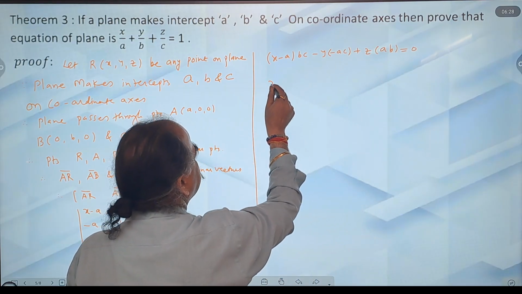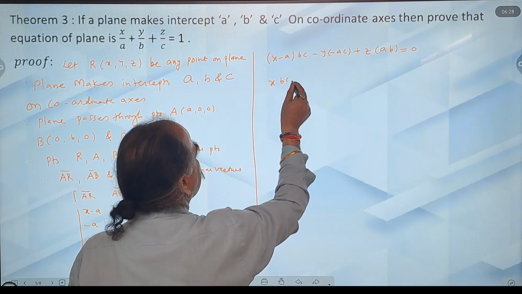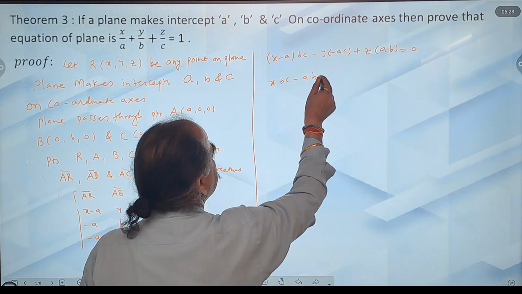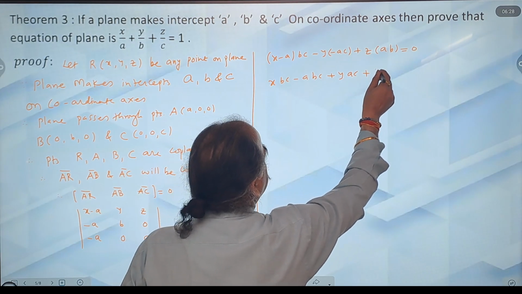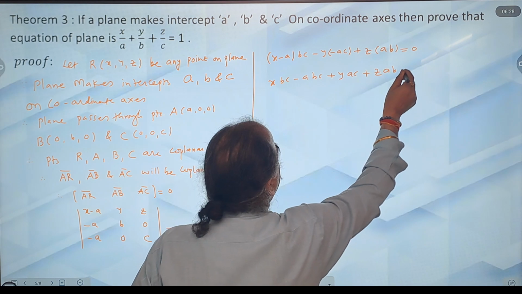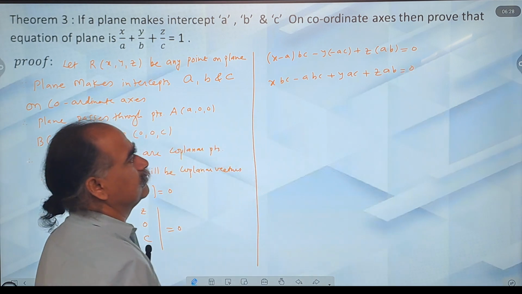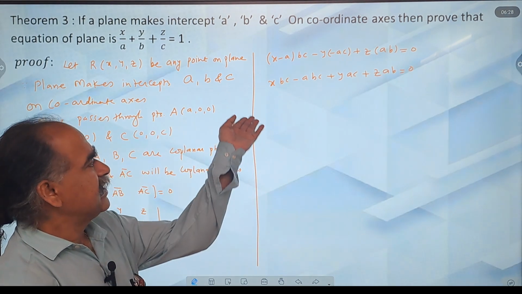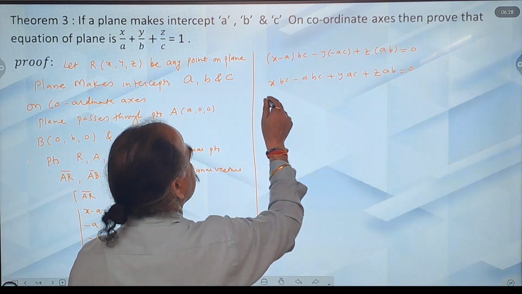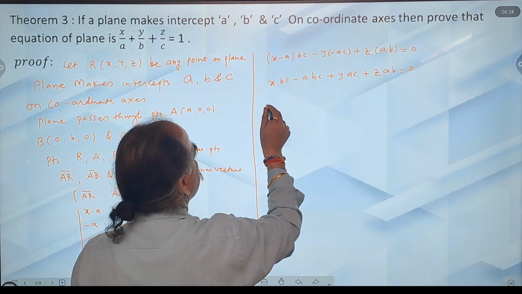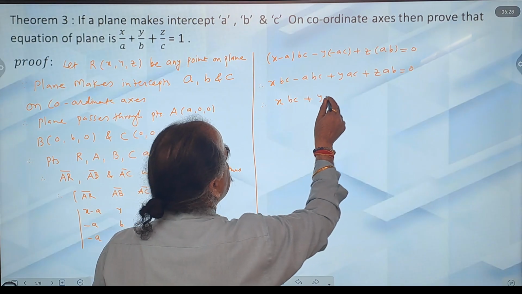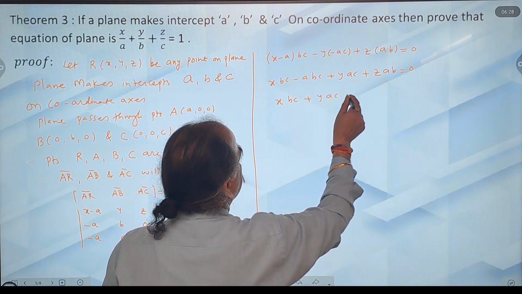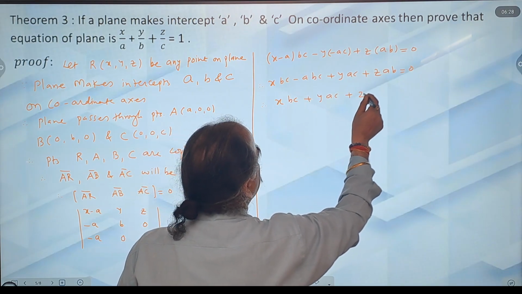Multiplying, x into bc minus abc plus y into ac plus z into ab is equal to 0. Now transfer minus abc to that side. So x into bc plus y into ac plus z into ab equals abc.